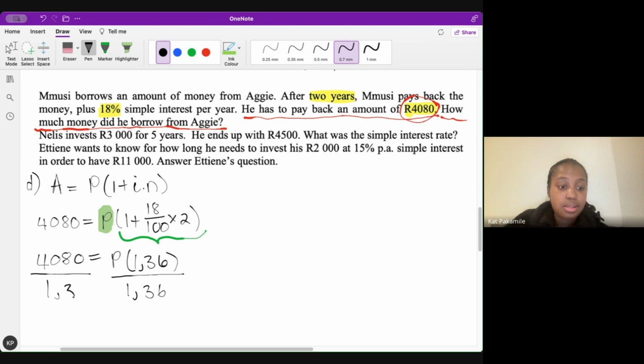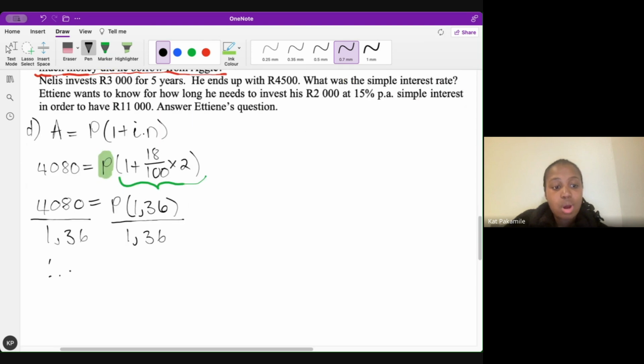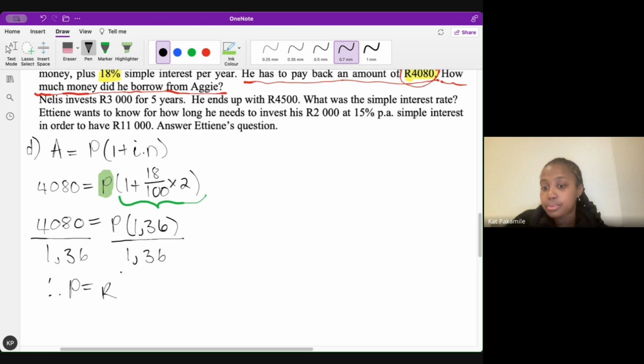Great, guys. So therefore, what was my principal amount? How much did this person borrow? 3,000 rands. Nice, guys. That is beautiful.